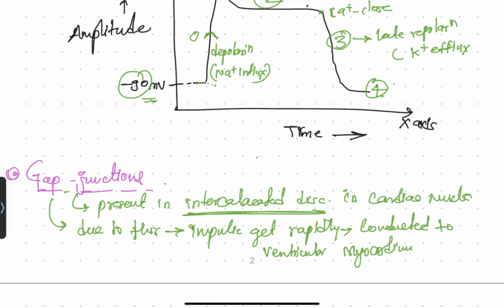Okay, so this is useful for the rapid conduction of the impulse through the ventricular myocardium. And in the gap junction, we have one specialized protein which is called connexins. This you should remember about the gap junctions.